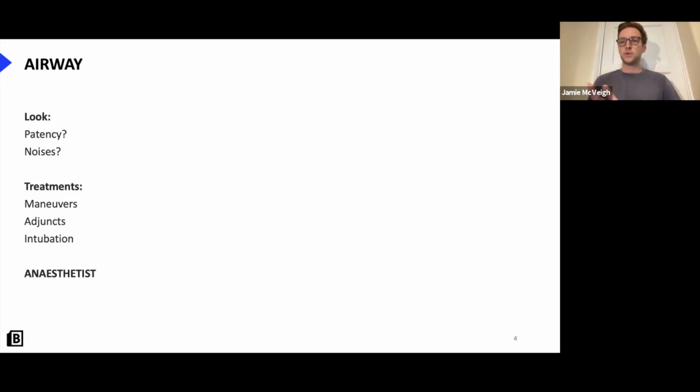Anyone that's got a problem with the airway is unwell, but the jaw thrust is more useful, though it's a lot more painful, so it's typically only used for patients who have a lower GCS. If someone can tolerate a jaw thrust, then you need to be concerned about them.